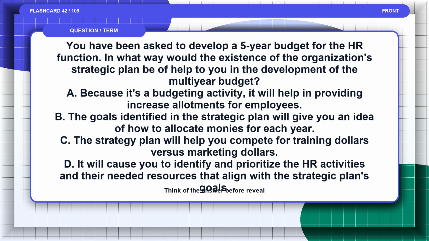C. The strategy plan will help you compete for training dollars versus marketing dollars. D. It will cause you to identify and prioritize the HR activities and their needed resources that align with the strategic plan's goals. Pause and think of the answer before the reveal.